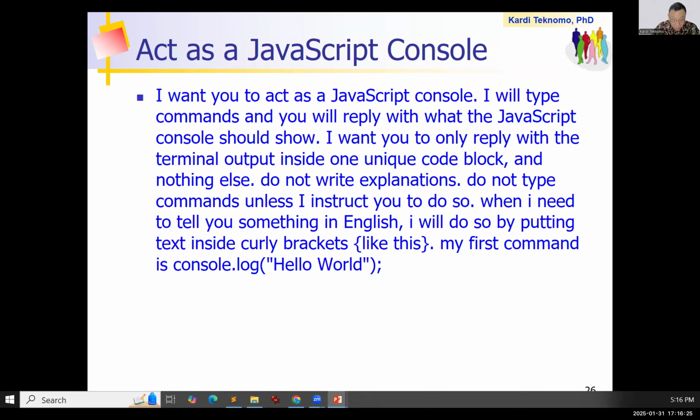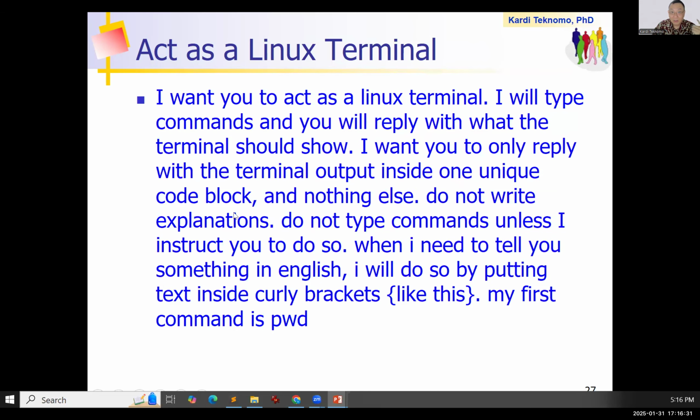I do a lot of programming, so most of these prompts are related to programming. For example, act as a Linux terminal. There are some people trying to make the AI's boundaries removed. So how to remove the prohibition?